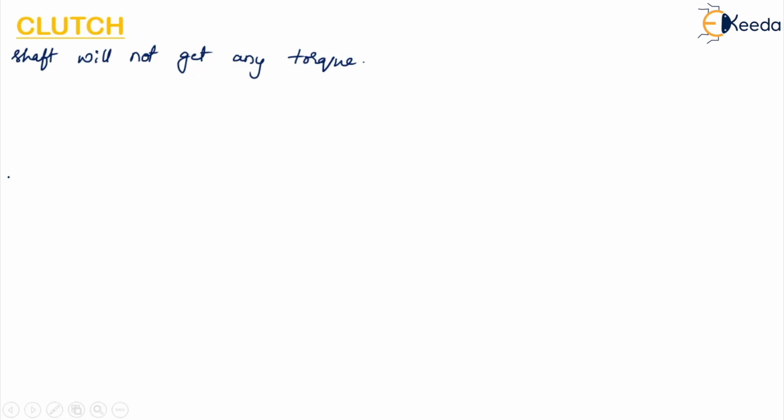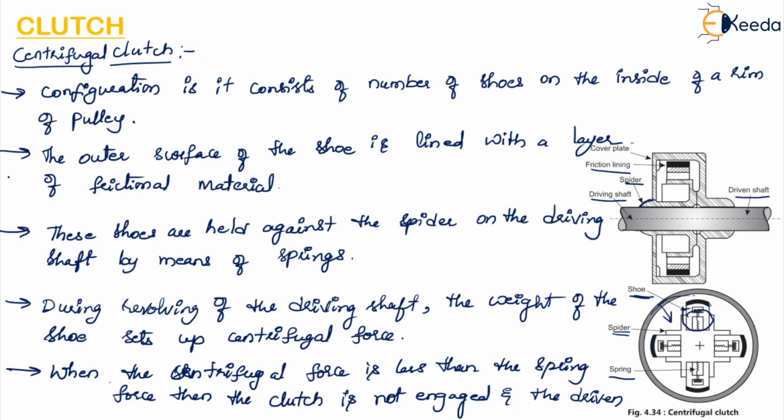But when the centrifugal force exceeds the spring force, the shoe moves outward, comes in contact with the driven member and is pressed against it, and the driven shaft starts rotating. What happens when the centrifugal force is more than the spring force?